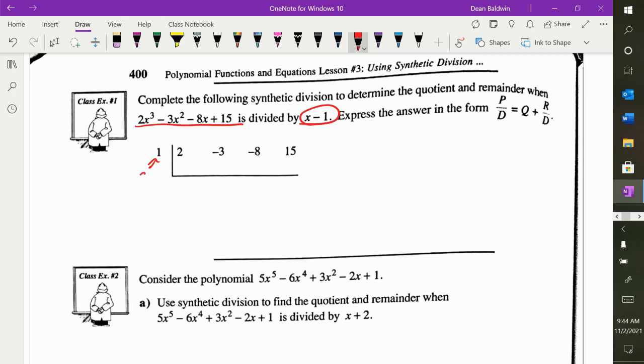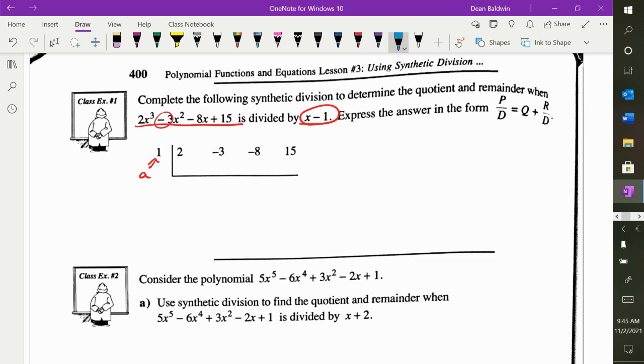I'm going to call that the a value. We don't have to add in any zeros because the exponents go down in numerical order. So I just write the coefficients: 2, -3, -8, 15. The key here is you always take the sign that is in front. If it's negative in the original, it has to be negative in the synthetic.